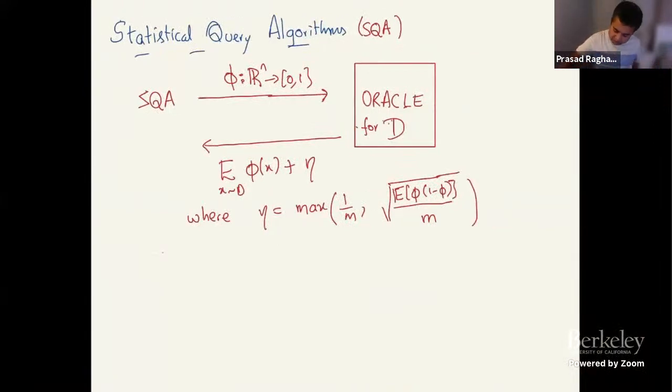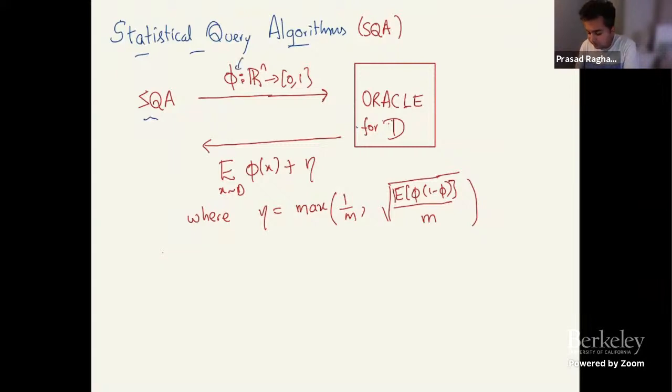Okay. So finally, I wanted to mention this more recent result on statistical query algorithms. Just to refresh everyone, a statistical query algorithm is a model of algorithms where your algorithm doesn't get access to the samples from your distribution, but only gets access to expectations of functions. Your algorithm is allowed to send a function phi to an oracle.